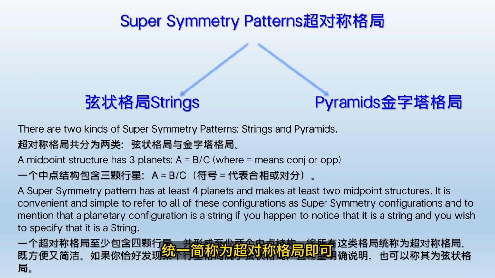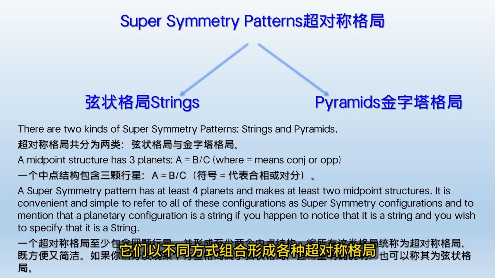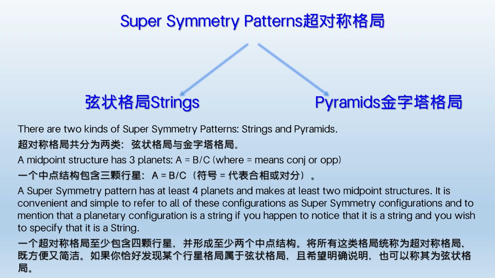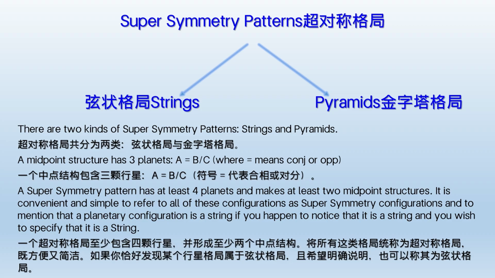So, supersymmetry patterns. There are 2 kinds. There are strings and pyramids. There are 2 things that are the components, we could say, of supersymmetry patterns. So there are strings and pyramids, and they combine together in various ways to make supersymmetry patterns. So a midpoint structure has 3 planets, and we sometimes say A equals B/C.